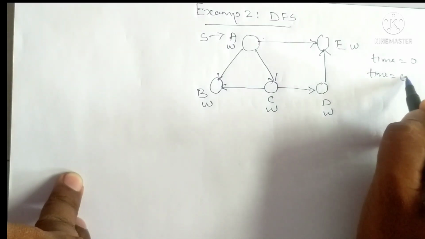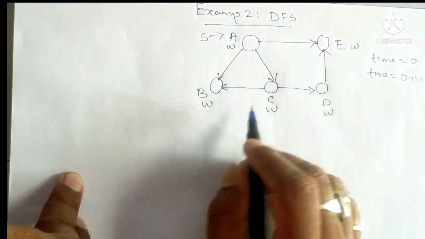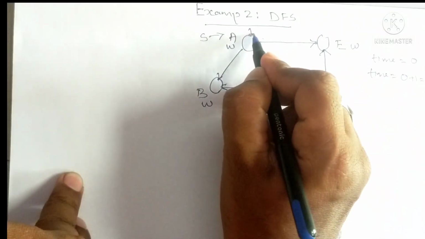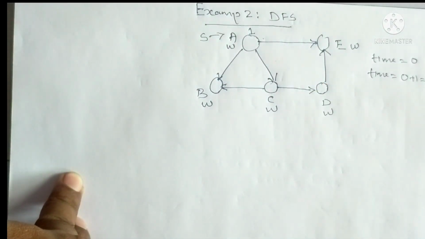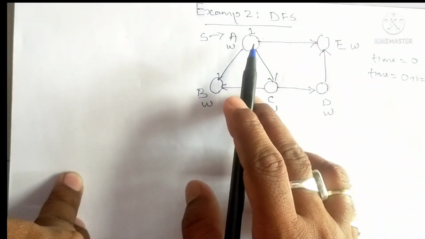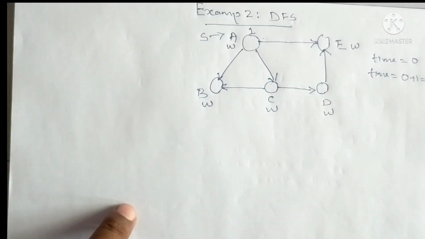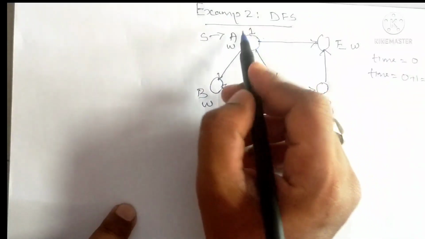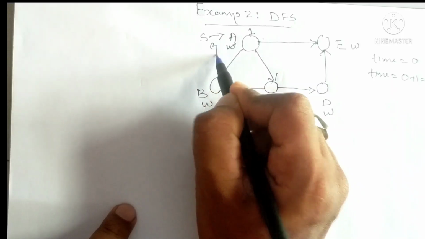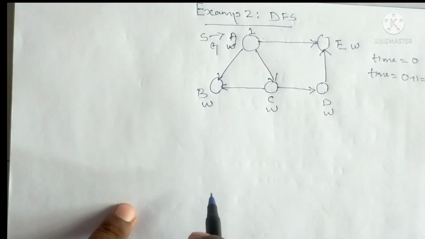So the previous time is 0, 0 plus 1 becomes 1. So here I am writing the starting time as 1. And once you assign the starting time, then change the color to gray. Here I am writing G. So white vertex A is changed to gray color.